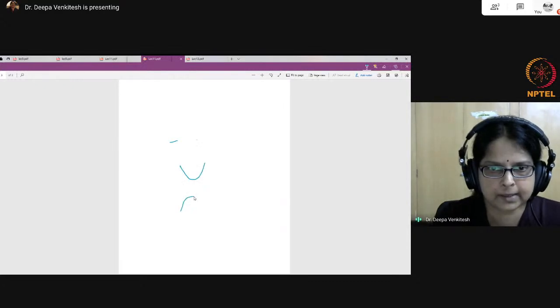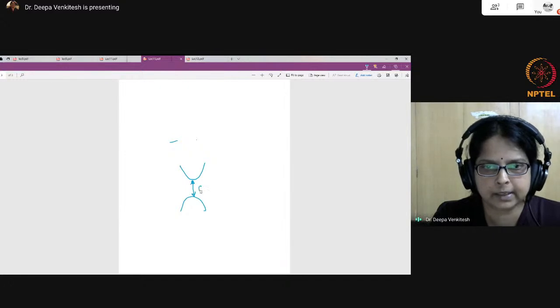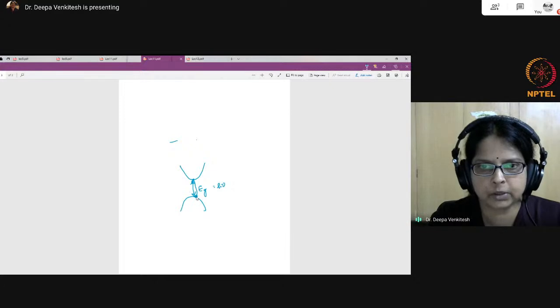As I've explained in my lecture, I'm just explaining it once again. The minimum energy that comes out of the system is decided by your band gap, and that is given by Eg is equal to h nu. Because this is the lowest state from which the electron can undergo transition and reach to this point, right? So this is the minimum energy, h nu minimum.